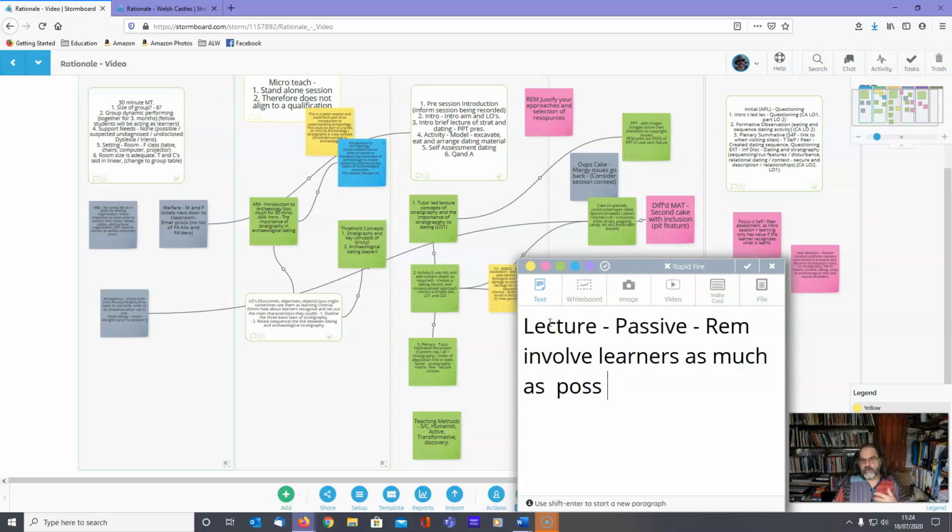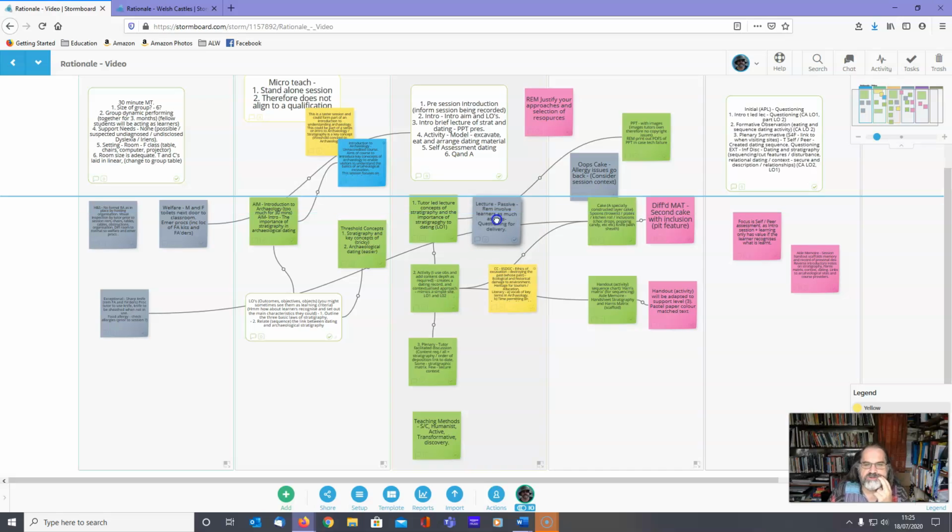Okay. Now, passive learning is not something that I like. It doesn't mean that it's wrong, it's just not what I like. So therefore I like to involve my learners as much as possible to make it more active, so I'll use a lot more questioning for delivery, as opposed to just telling, and it makes it a little bit more interactive.